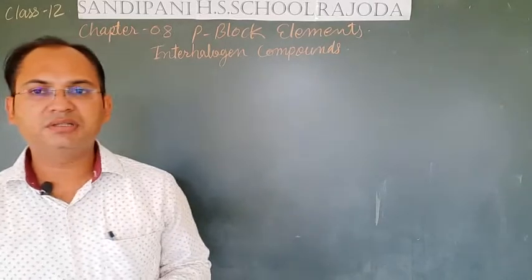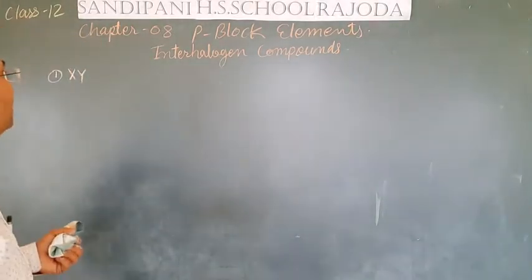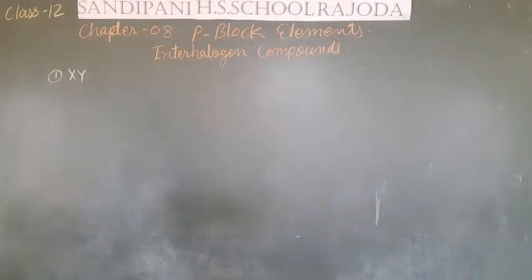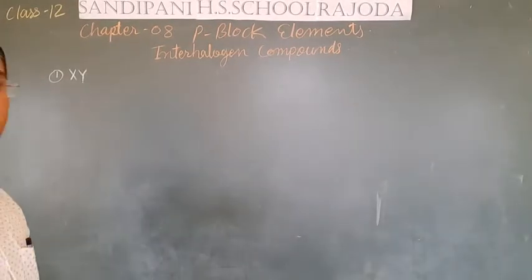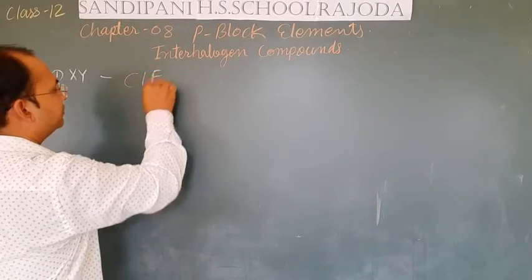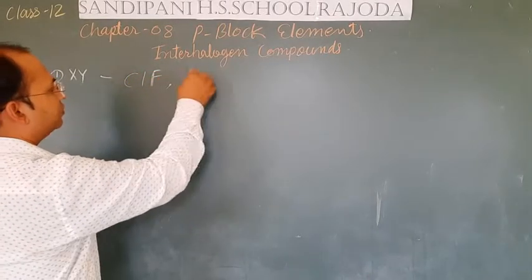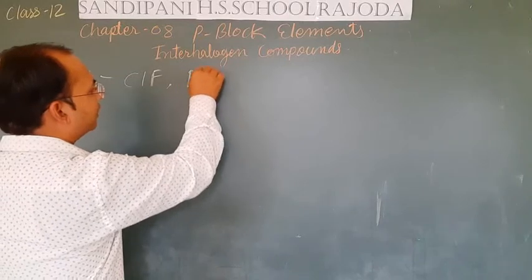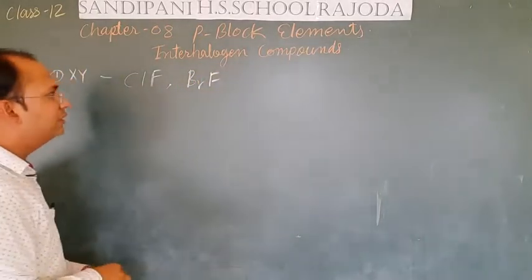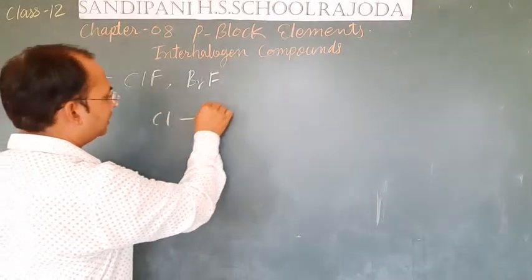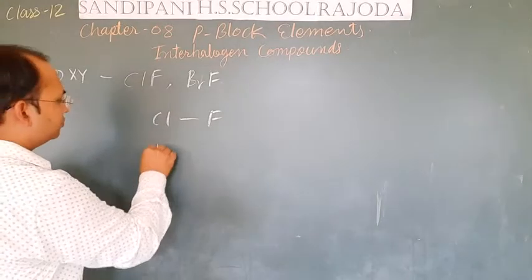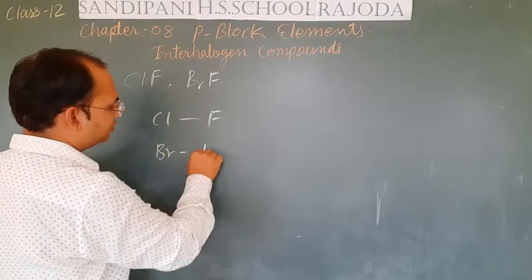For example, if we see the compounds chlorine monofluoride, that is ClF, that we have seen in our previous example, or bromine monofluoride, that is BrF, then their structure is very simple: Cl and F, chlorine and fluorine, or bromine and fluorine.